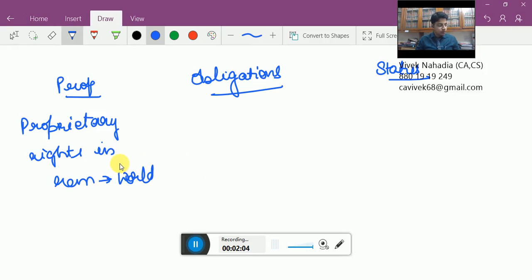Example, A is the rightful owner of X, a house. Suppose Mr. A has a house and A is the rightful owner of the house. Then the entire world is obliged to recognize his right over that house.